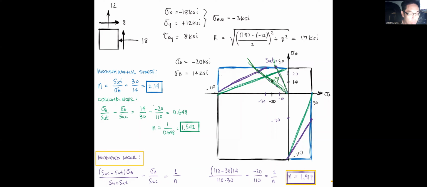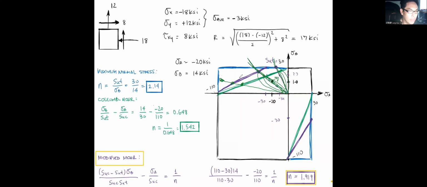Because this ratio should be lower than the previous ratio. So also you can think of how the intercept changes if the loading line changes, and what their safety factor should be.